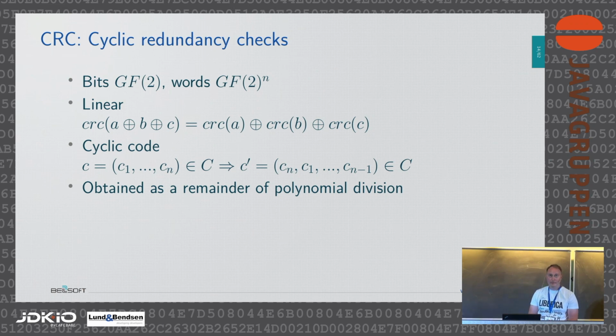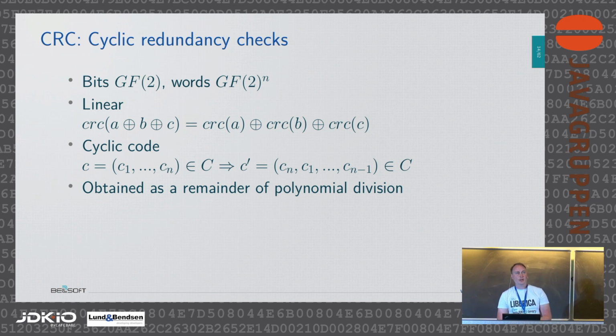So we operate with ones and zeros, and we are going to talk about checksums of a specific class, particularly cyclic redundancy checks. They are a kind of linear code. They have the very important property that they are linear.